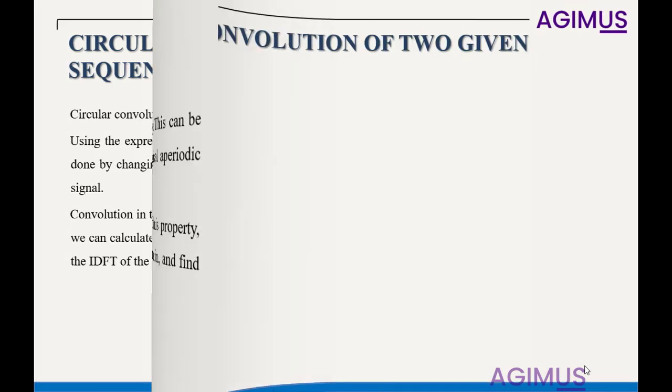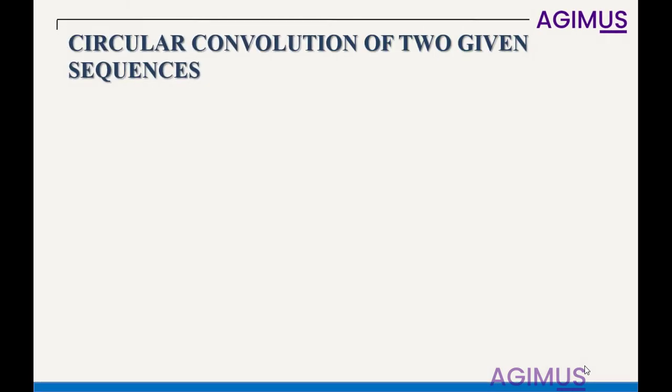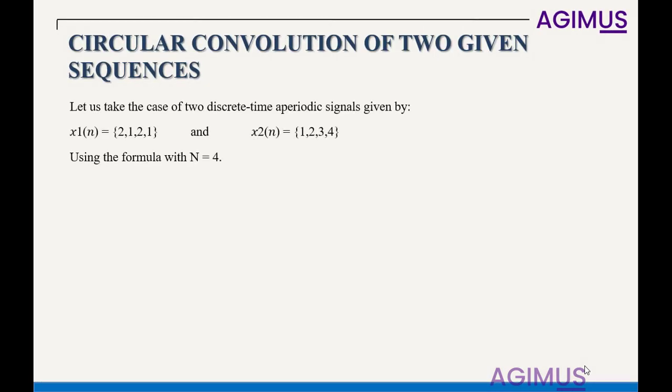in the time domain. The circular convolution of two given sequences x1 of n equal to 2, 1, 2, 1 and x2 of n equal to 1, 2, 3, 4 is found using the formula where N is equal to 4.